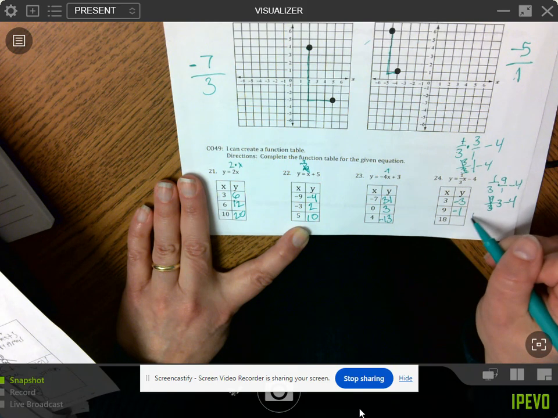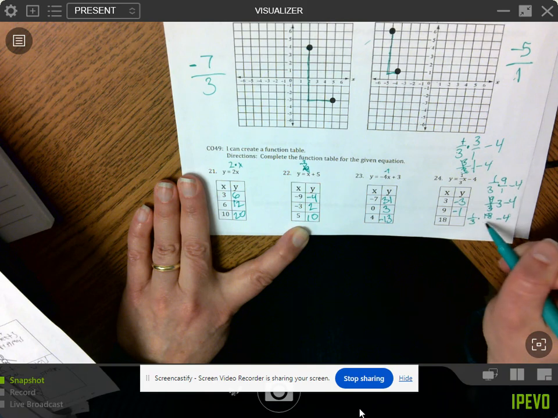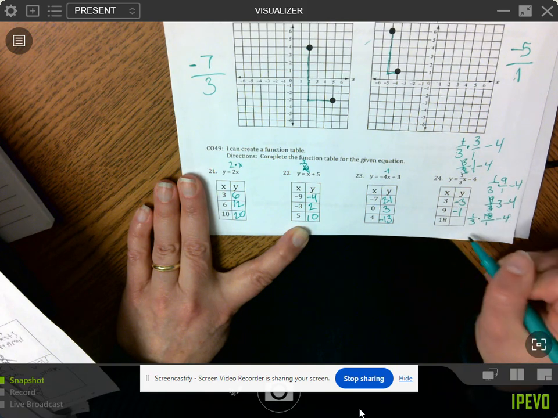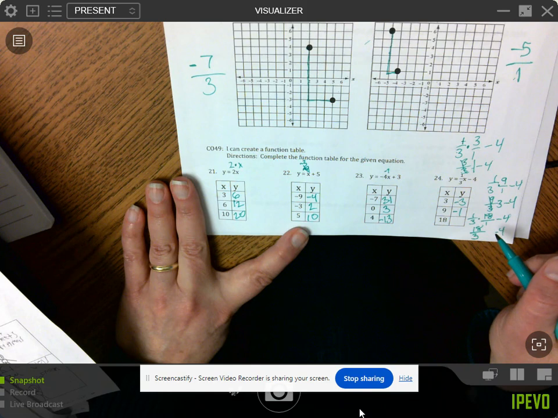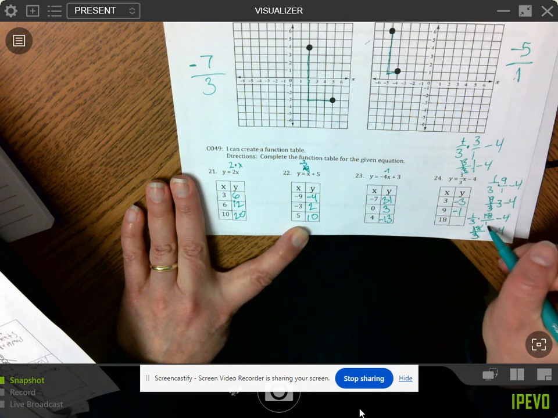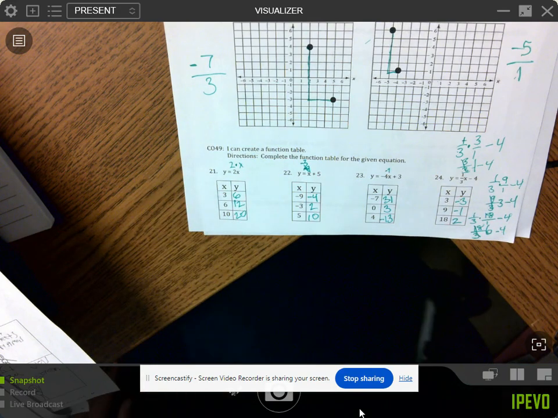Now I have 1/3 times 18 minus 4. That's 18 over 1. So that's 1 times 18. 3 times 1 minus 4. 18 over 3. 18 divided by 3 is a 6. 6 minus 4 is 2.